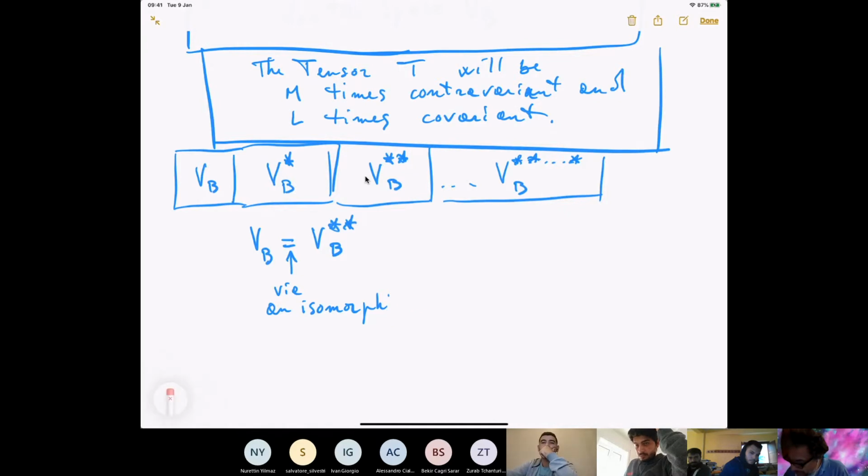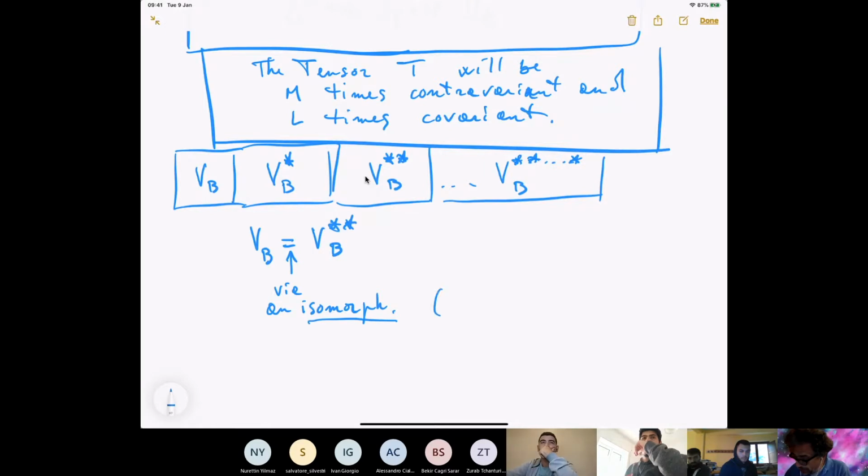Why an isomorphism? There is an identification between the two sets.